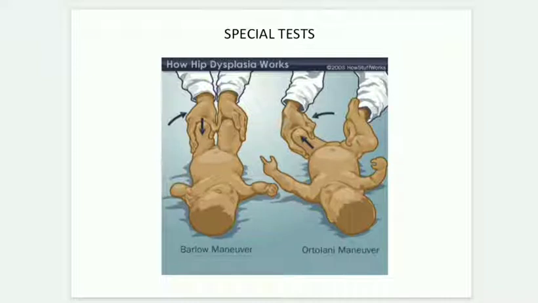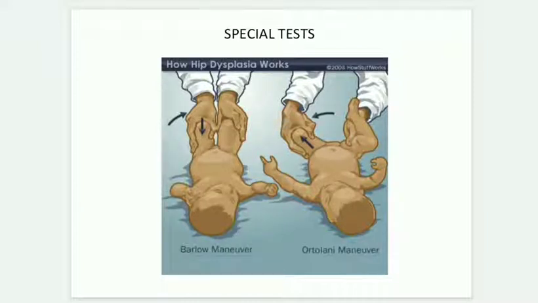Barlow's test. As you can see in the first picture, see the directions of the therapist's arrows. The therapist flexes the hip and knee to 90 degrees, and the test is performed by bringing the thigh towards the midline.